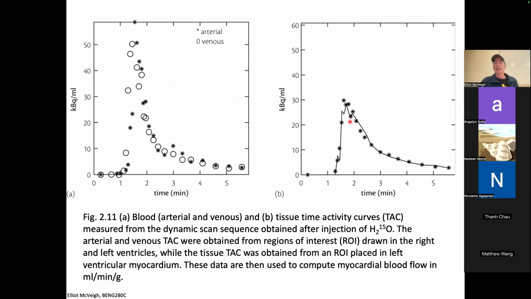Then this entire width of this would be due to behavior in the myocardium. It would not be due to a slow input function, right?